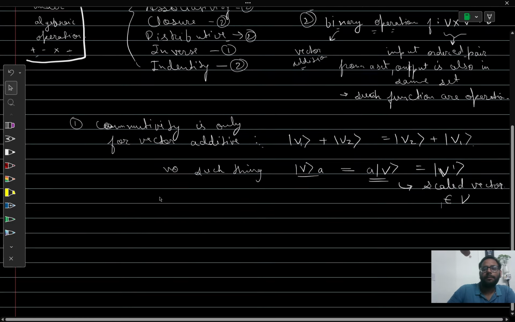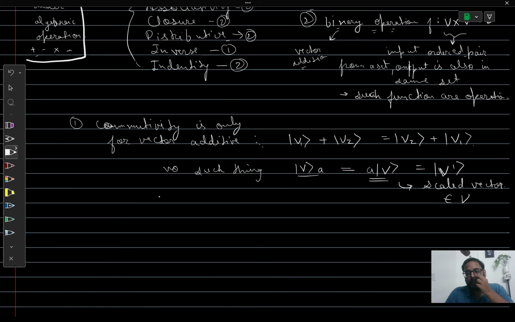In quantum mechanics also, the scaled vector and the simple vector are the same physical state, because these coefficients contribute only to the probability density.